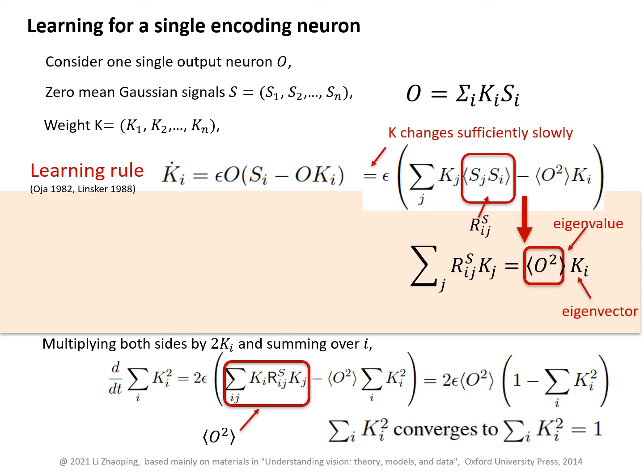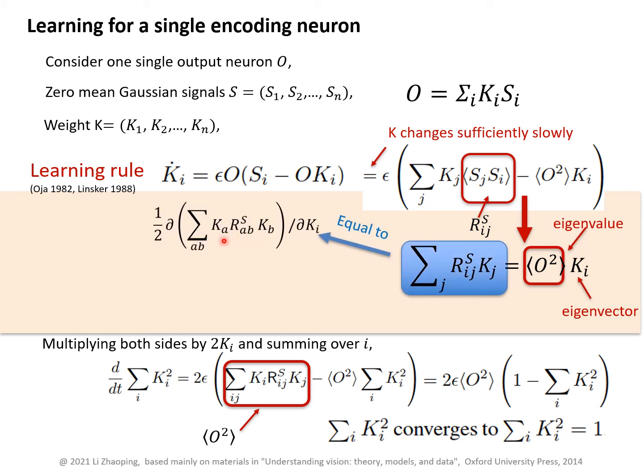You can work out that this term is the same as doing a derivative of this whole thing in a bracket, half of it, just by doing this derivative, and you will get this result.